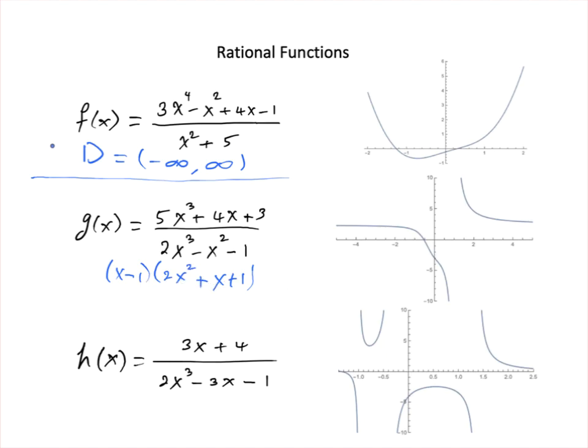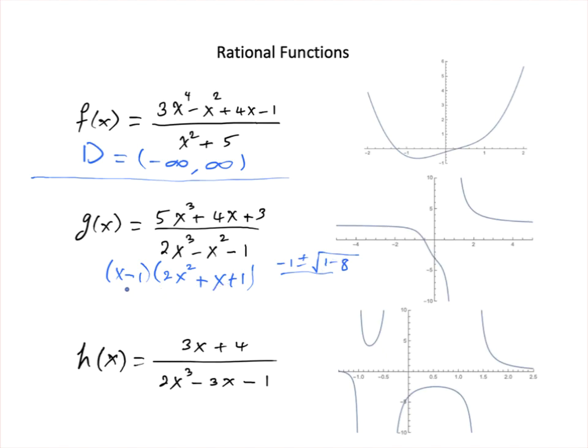But this one, if you try the quadratic formula, if you set this equal to 0, by the quadratic formula you have minus 1 plus or minus the square root of 1 squared, which is 1, minus 4ac, 4 times 2 times 1 is 8, so minus 8. So you have a negative quantity under the radical, so that is not factorable.